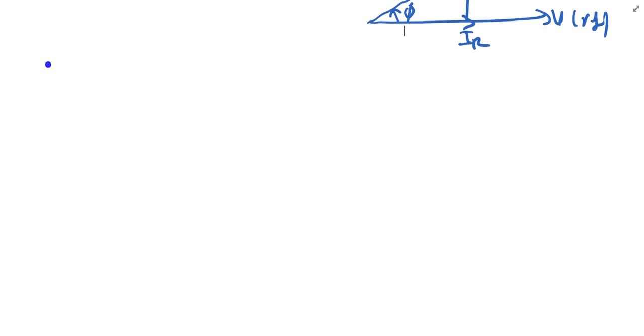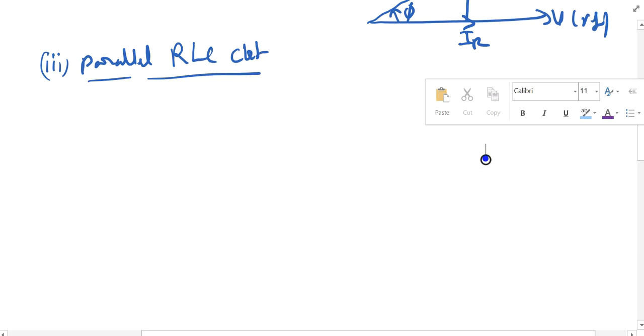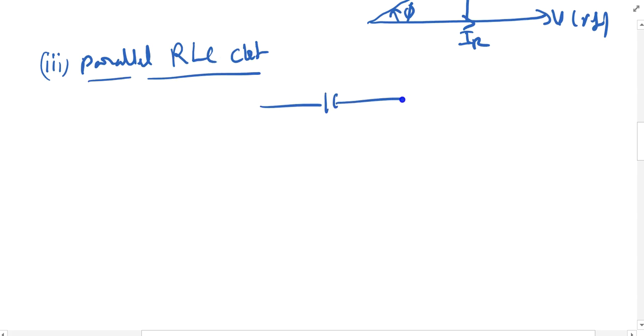Now what is the third one? The third one is we are going to see the parallel RLC circuit. Here also you can do a similar analysis to what we have done for the two networks.